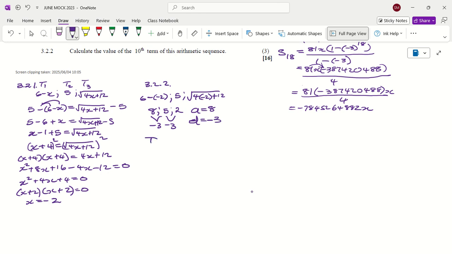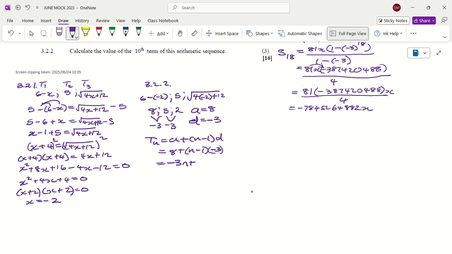Sharp. Then if we can find Tn is a plus n minus 1 d, right? Our a is equal to 8 plus n minus 1, and then d is what? Is negative 3. So now our nth term is going to be negative 3 plus negative 3 times n is negative 3n, right?